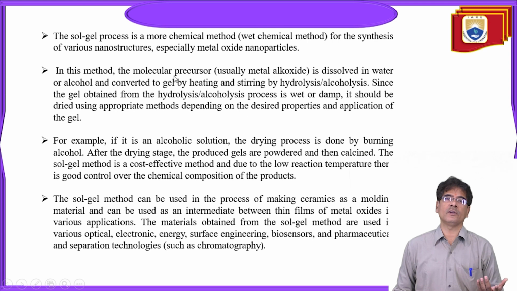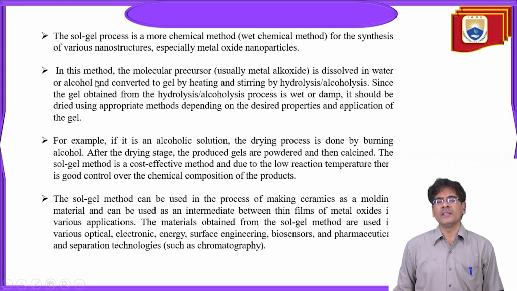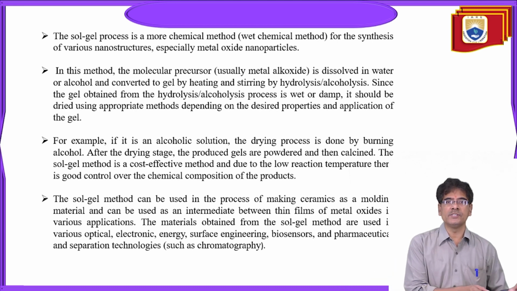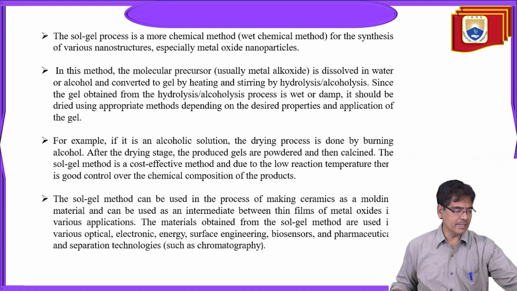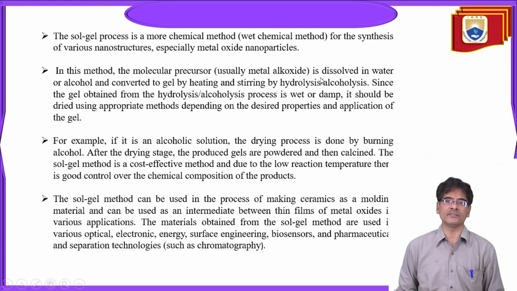The sol gel process, as we have seen in our previous lecture, is more of a chemical method. Just for a couple of minutes, we will have a glance at the synthesis of various nanostructures, especially metal oxide nanoparticles. In this method, the molecular precursor, usually a metal oxide, is dissolved in water or alcohol and converted to gel by heating and stirring, through hydrolysis or alcoholysis.